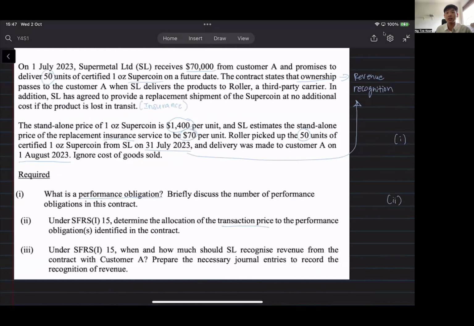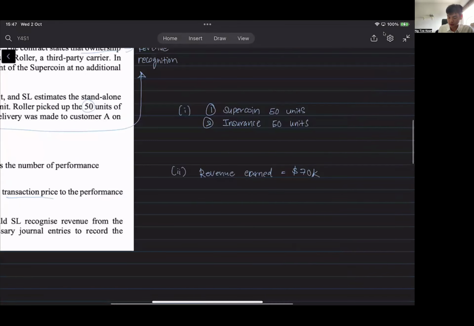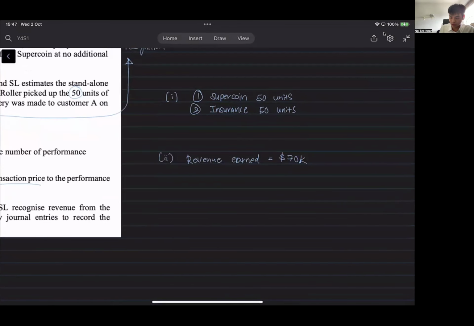Okay, and then we have the standalone prices. So let's compute the standalone price. For the performance obligations, we have two, right? So the first one is Supercoin. Then the second is the insurance service.